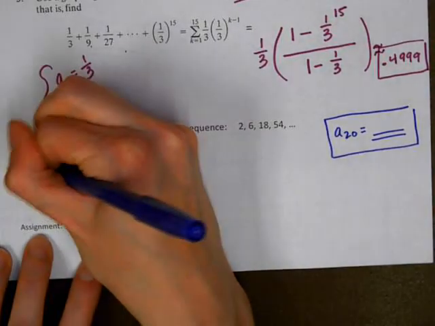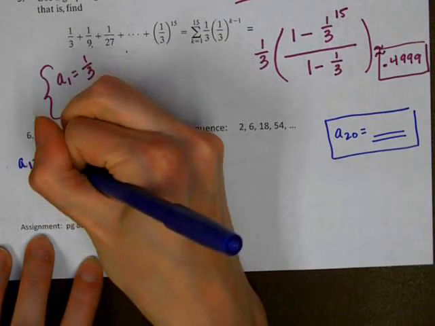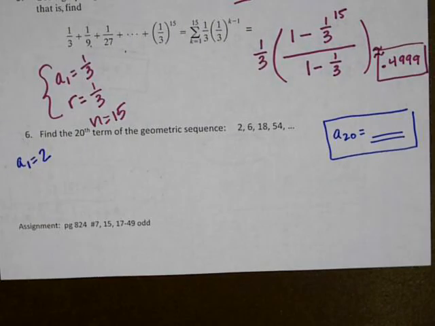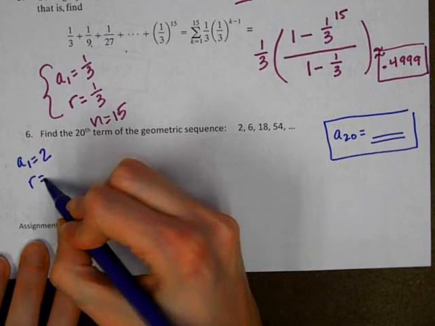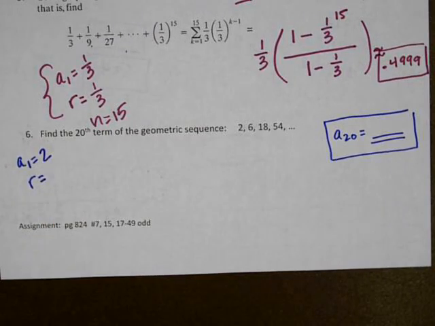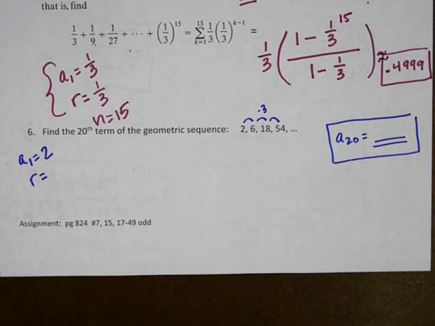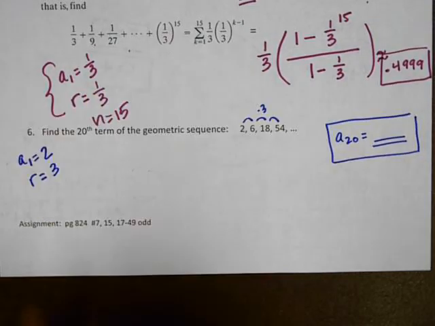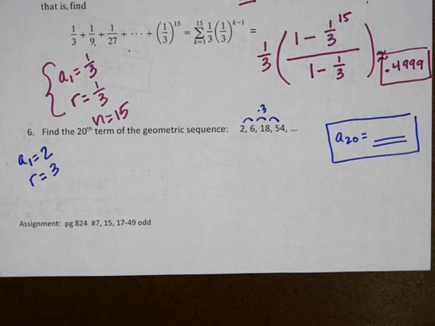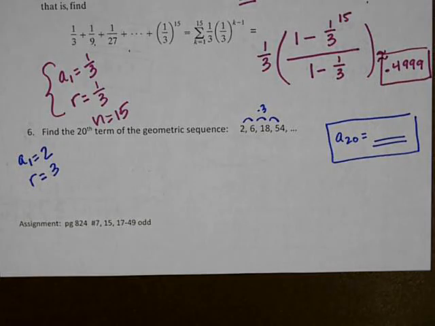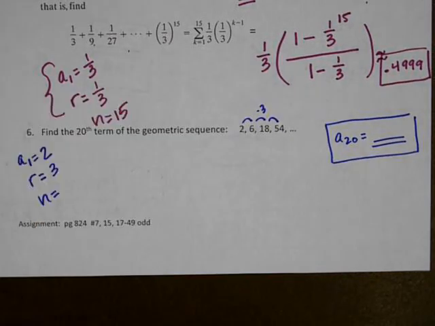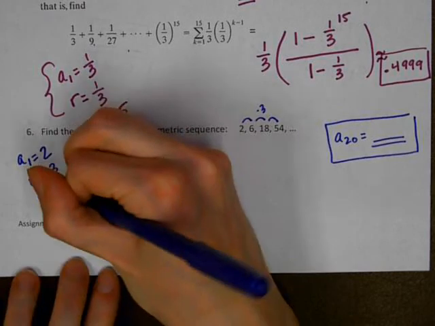A sub 1 is 2. It's geometric, so we should be able to find r. What's the common ratio? It looks like we're multiplying by 3 every time. So r is 3. What else do we know? We know n. If there's 20 terms, n is 20.